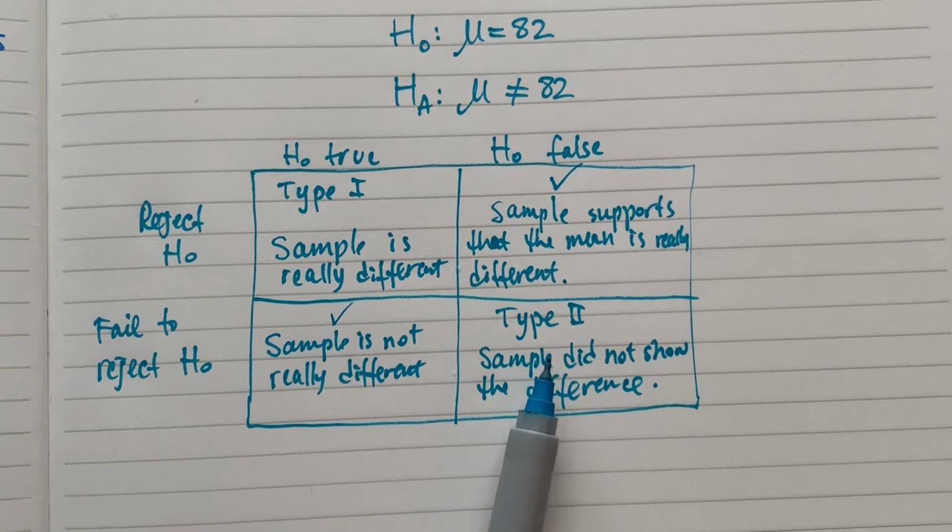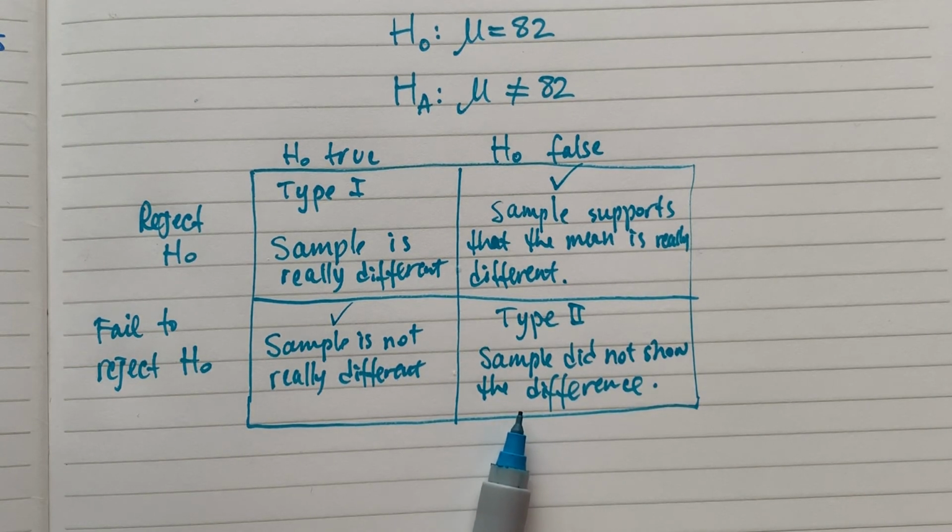And over here, for the type 2, the sample was really different, but it did not show it. There is a difference in reality, but it did not show. So we are missing an opportunity to start making this medication that might be helping people with their heart rate.